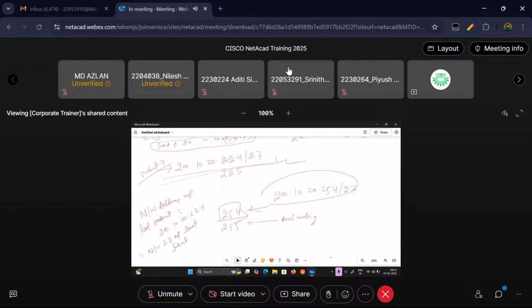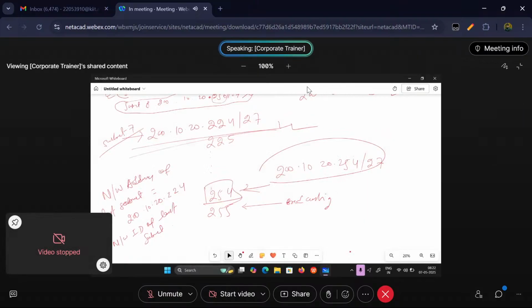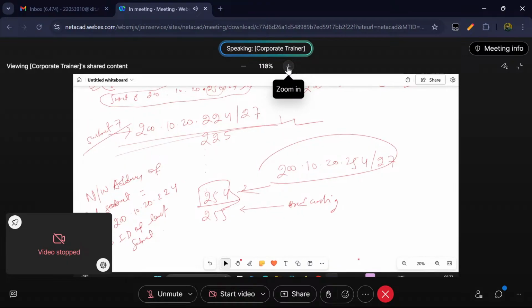Both statements mean the same. You just have to give the network ID or network address. If I ask what is the last IP of subnet 7, or the last usable IP, or the last IP for the host, they are all a bit similar, but somewhere you have to make some changes.